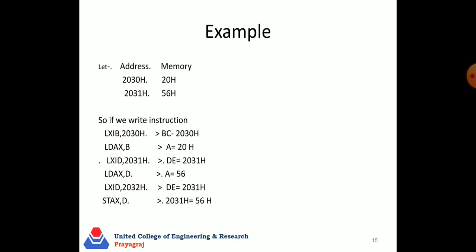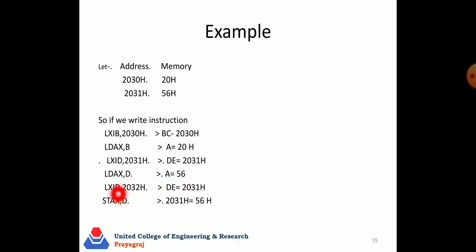Let's take another example for STAX. Let's suppose again we initialize LXID 2032H. After execution of this instruction, DE becomes 2032H. Now if we write STAXD, ST stands for store, A stands for accumulator, X stands for register pair, and D stands for DE. What is DE? DE is 2032H.